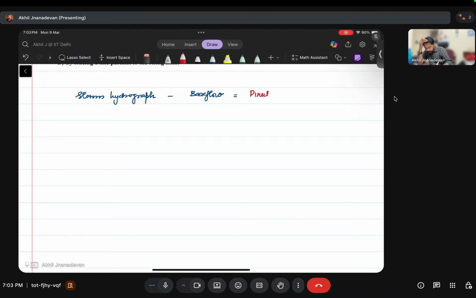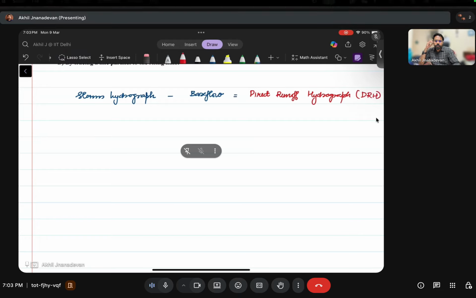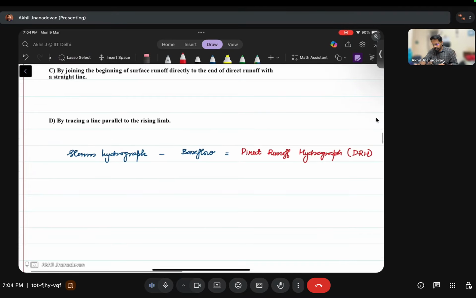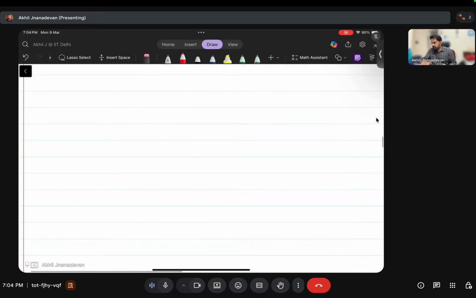Direct runoff hydrograph. This is also called DRH. Direct runoff hydrograph or DRH. Okay. So how can we separate this out? That is what we are going to see.